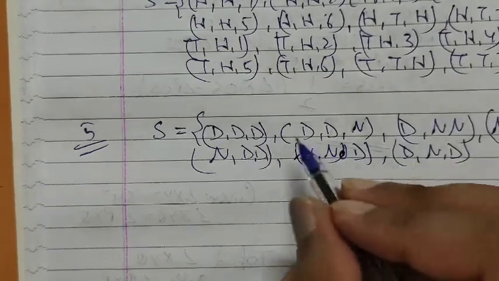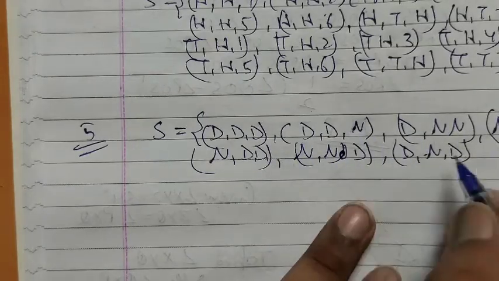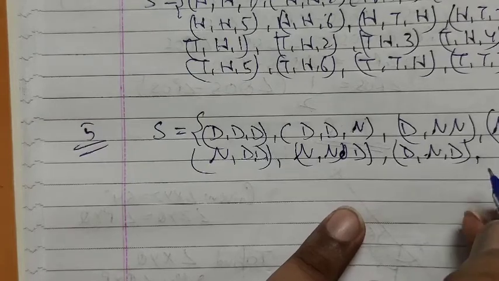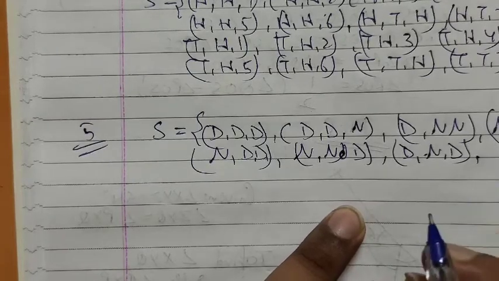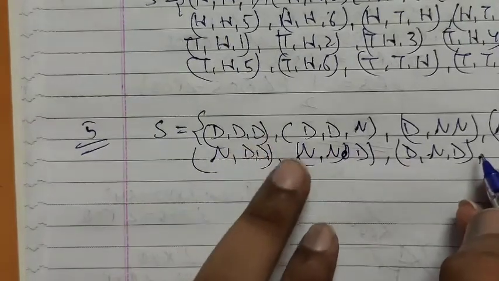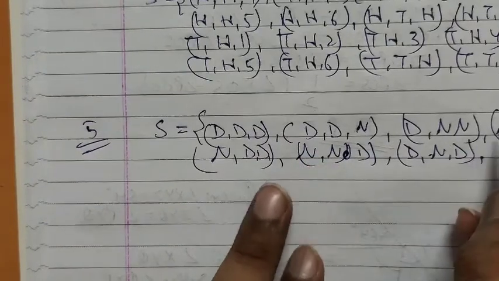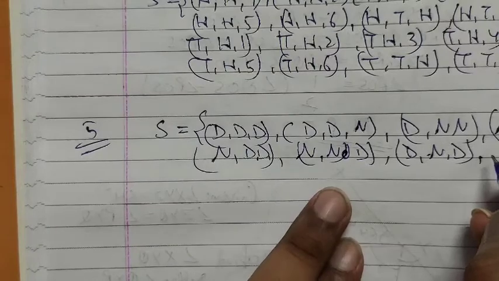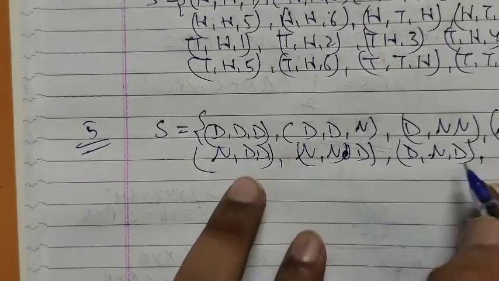That is 7 outcomes, so 2 more should be there. Suppose the third one is non-defective and the other 2 are defective.